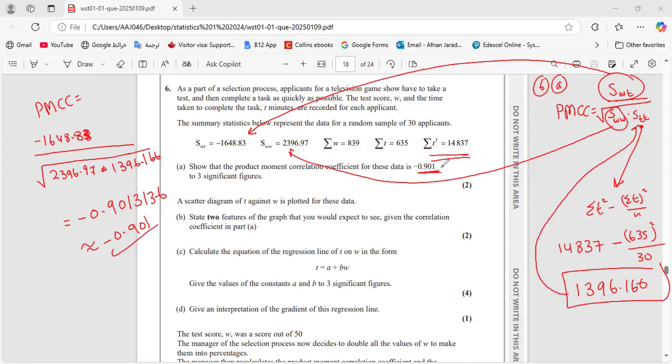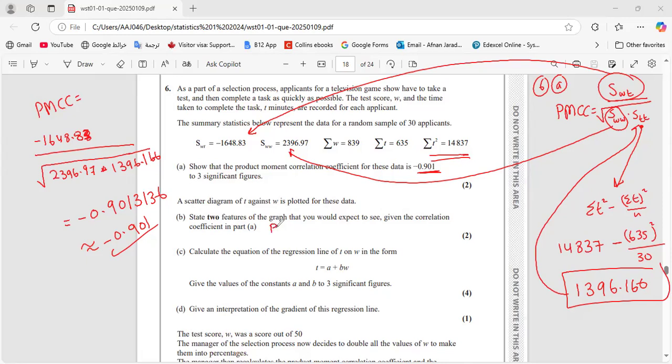A scatter diagram of T against W is plotted for this data. State two features of the graph that you would expect to see given the correlation coefficient in part A. The correlation coefficient is negative 0.901. If the product moment correlation coefficient is negative, then as W increases, T will decrease.